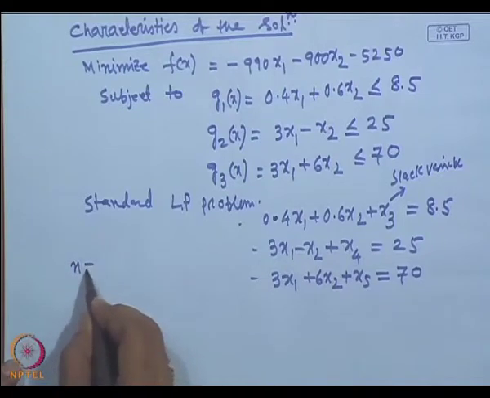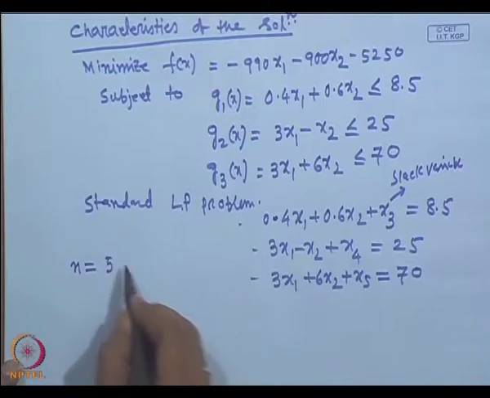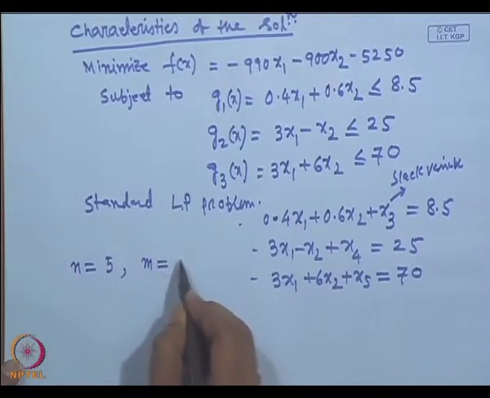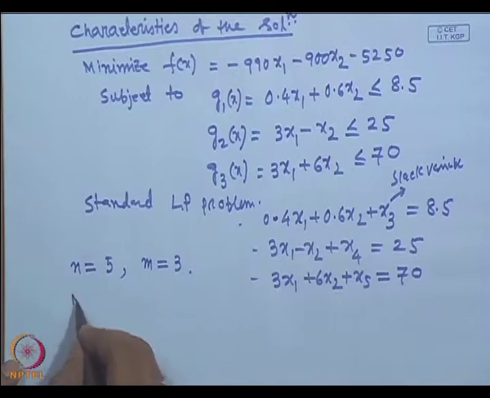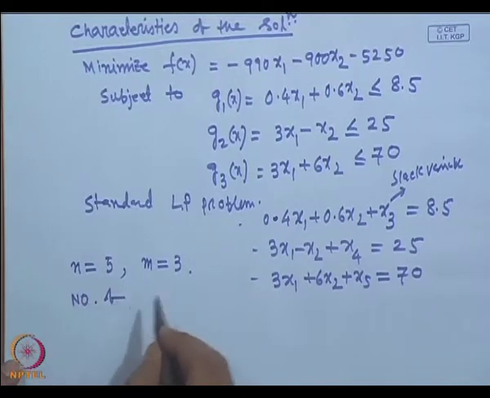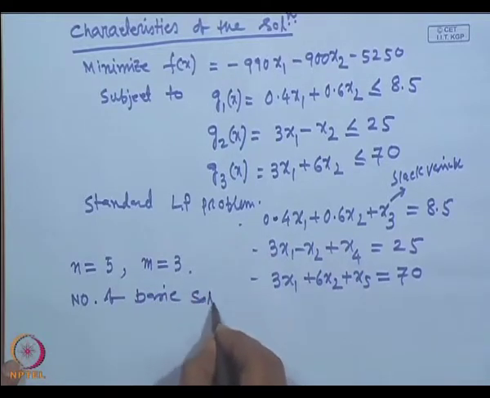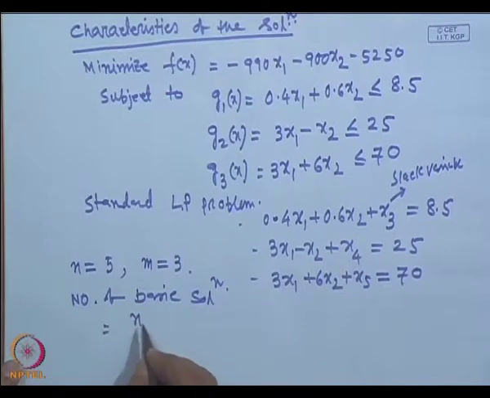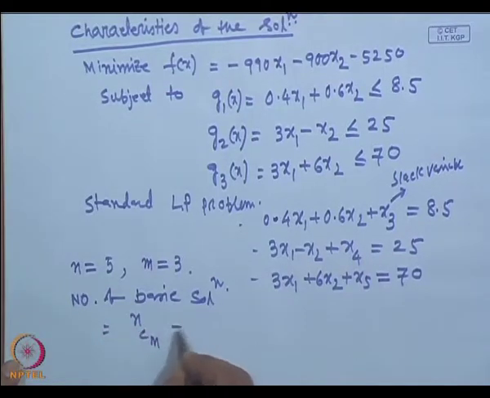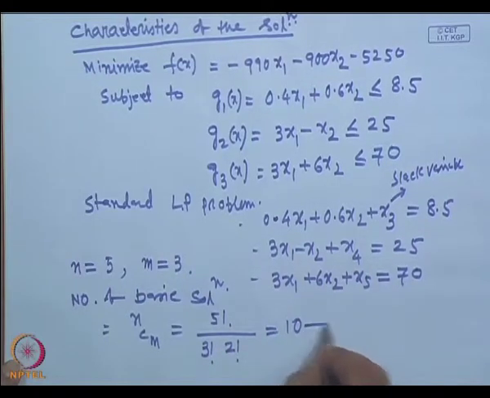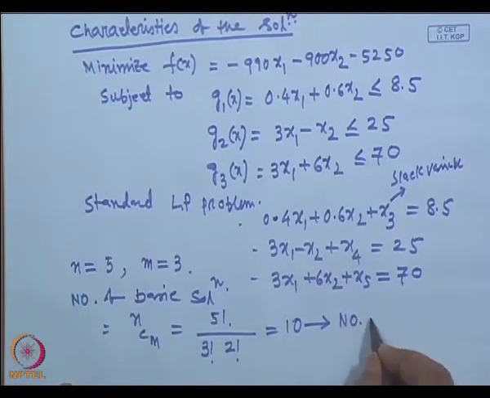Our n is the number of variables, 5. M is the number of equations, 3. So, the number of basic solutions is equal to n C m, that is factorial 5 divided by factorial 3 times factorial 2, which is 10. So, there are 10 basic solutions.